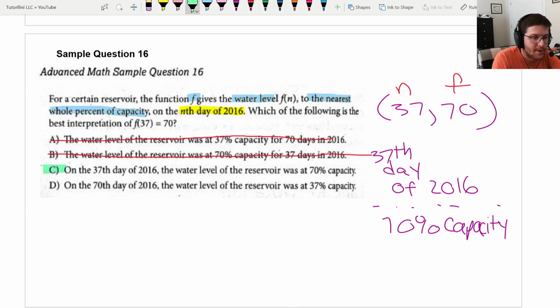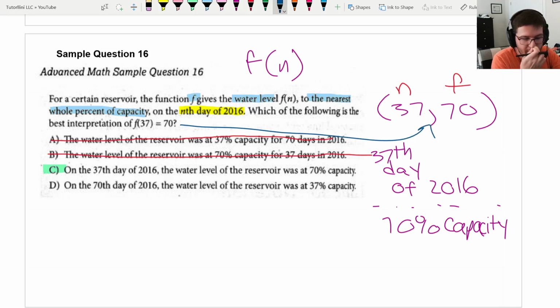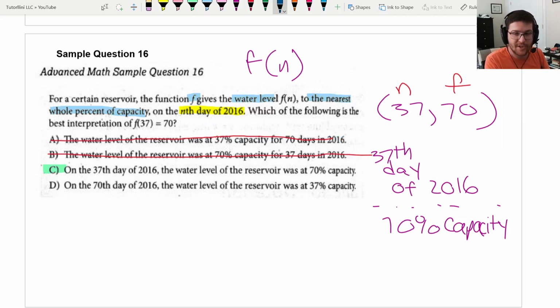That's it. So again, let's go over this again. First, change the function notation to an ordered pair, just because we're more comfortable with that. The first number is your x, the second number is your y, so nothing crazy there. And then this is the important part that everybody messes up, besides going straight to the answer choices, which is kind of a trap.